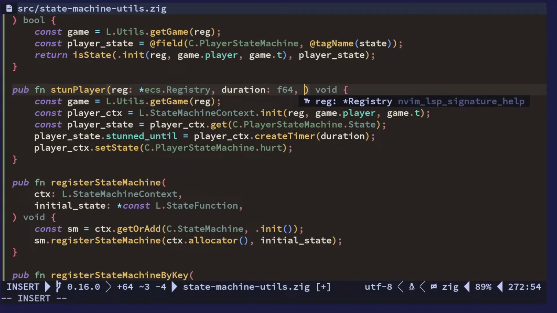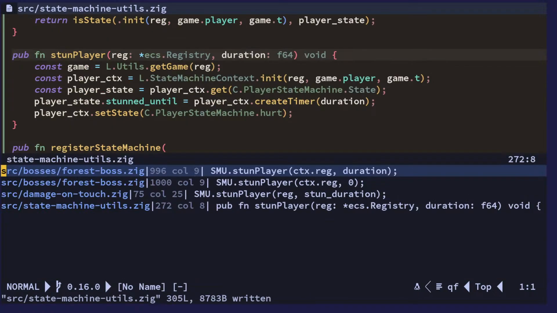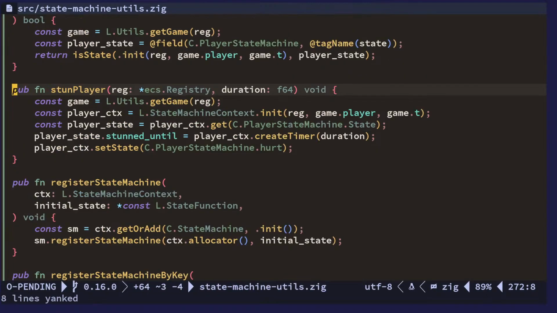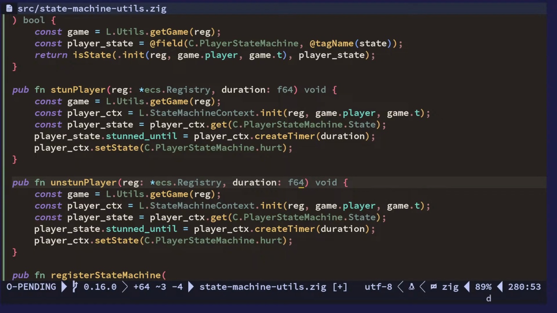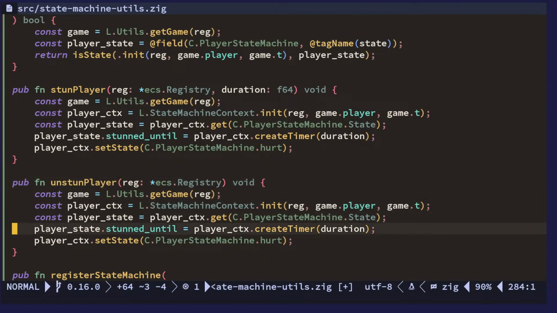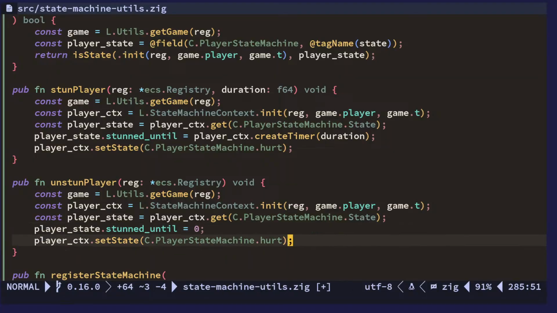Okay, we can have like an override flag, maybe? Because I think this is also used to cancel the stun. You know what? Let's make another function actually for that. Let's make like unstun player, which changes this to 0.